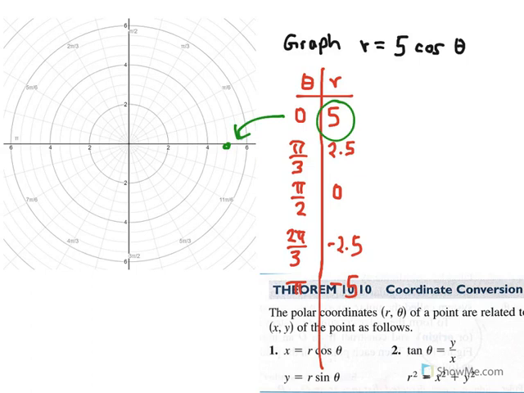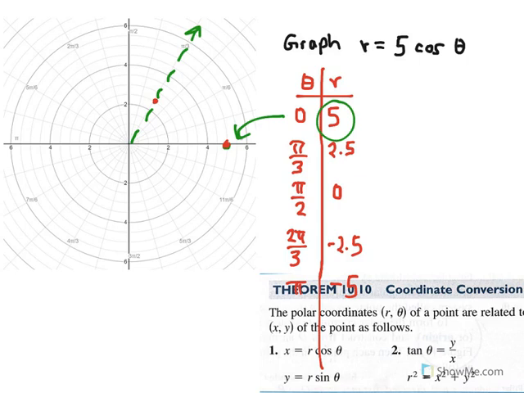Now you have an angle of rotation that's pi over 3 radians, and then you have r that's equal to 2.5. So here's the radial line, pi over 3, and r is equal to 2.5. So we locate a point that's 2.5 units from the pole along this radial line right here.